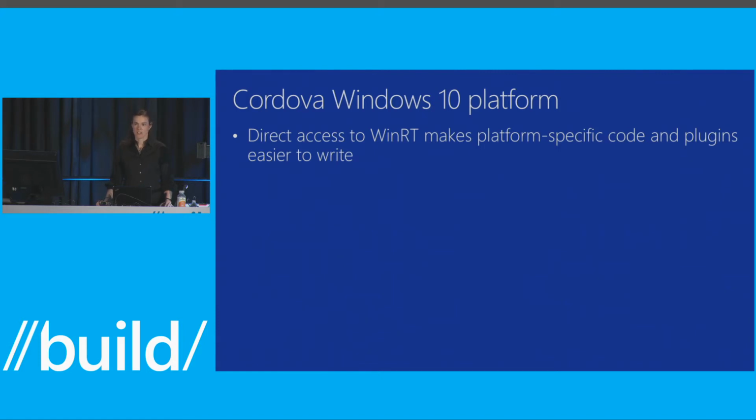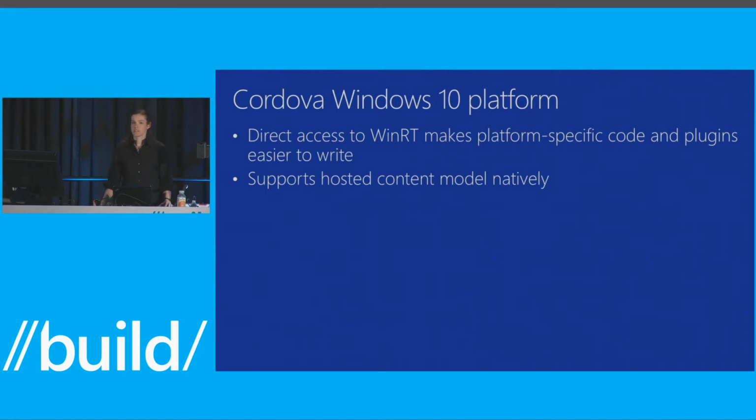This makes it really easy to write platform-specific code for your Cordova app, or if you are an author that wants to write new plugins, you can write them really easily using JavaScript. Or if you really like C++ and C#, you can write it in C++ and C#. Anything you can write a WinRT component in, you can write a plugin for Cordova in. So easier to write those than it is for iOS and for Android.